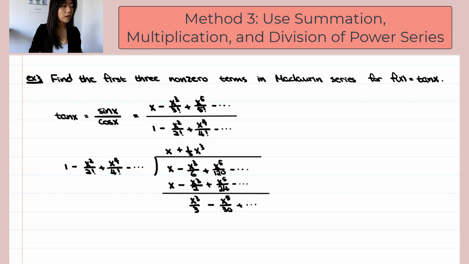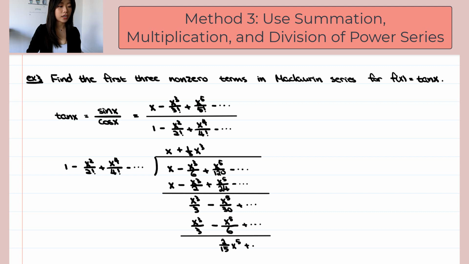Then I continue with the long division. I get x cubed divided by 3 minus x to the power of 5 divided by 2 factorial times 3, that is 6. Then I subtract the 2 equations again, and I get 2 over 15 times x to the power of 5.